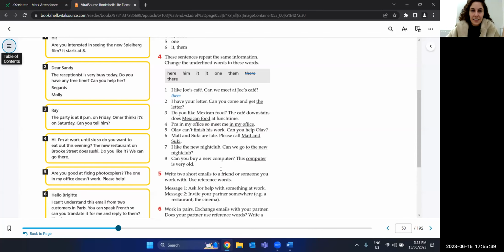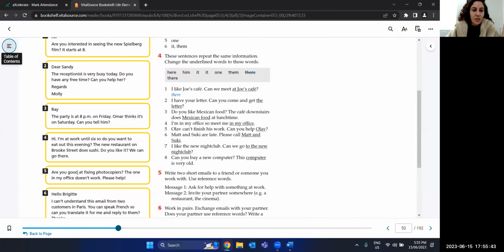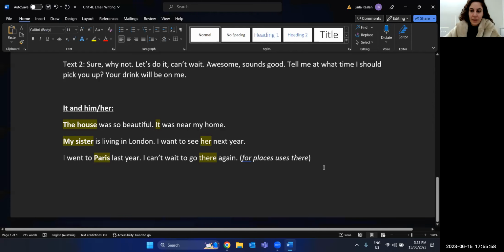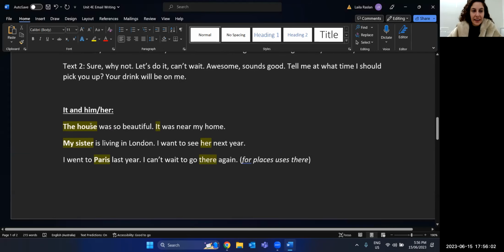Okay, then number 5, it says one. Are you good at fixing photocopiers? The one. What does that mean? The one. It's not talking about the number, like 1. The one in my office. The one replaces the noun. So it's very similar to the house. It was so beautiful. It was near my home.